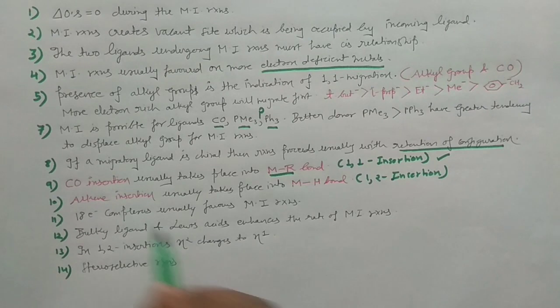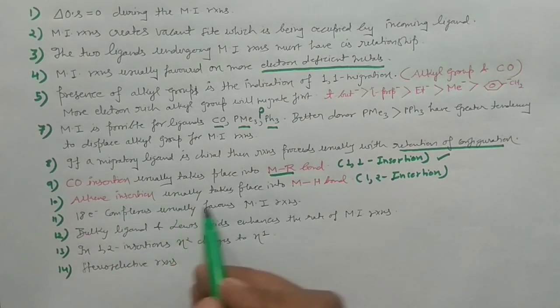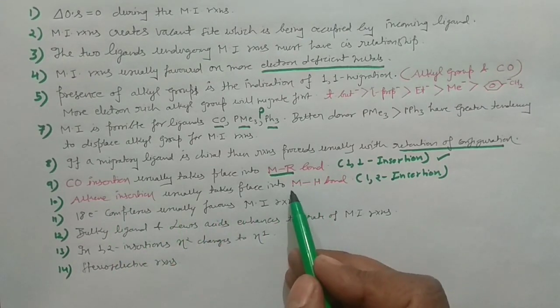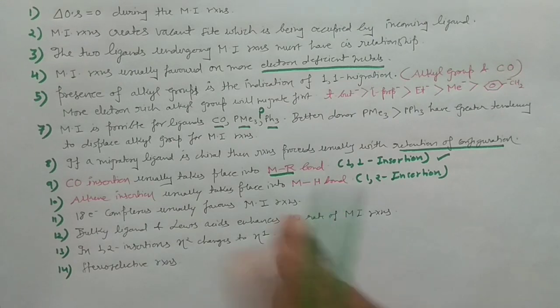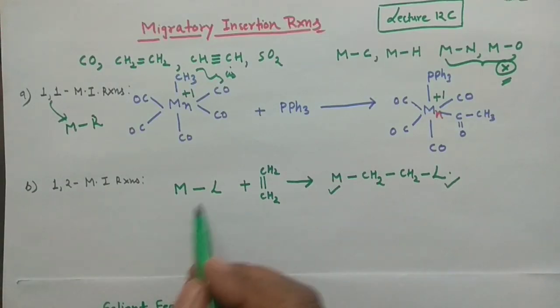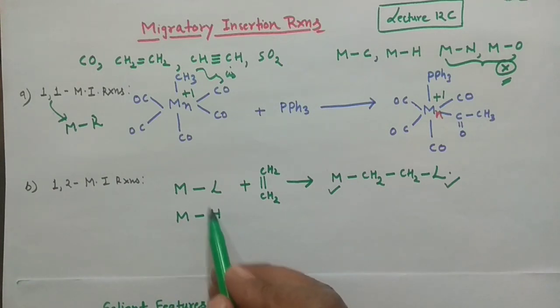Okay. And then alkene insertion, if you want to do the alkene insertion reaction, then there should be the presence of the M-H bond. So what is the meaning of the M-H bond? It should be just like that, M-H. Okay, then this hydrogen will migrate.